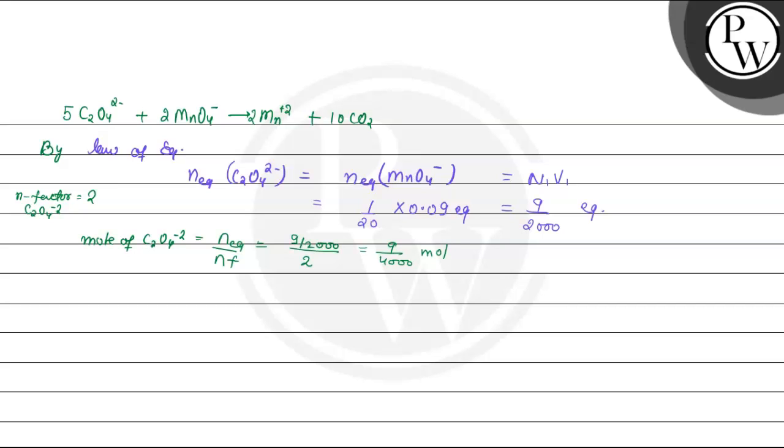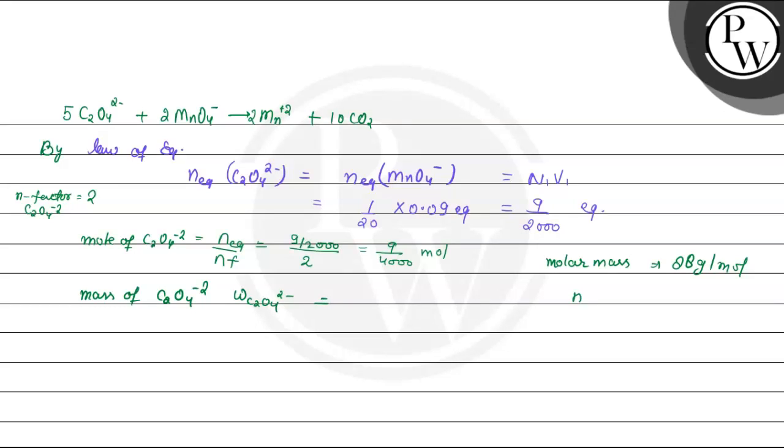Now the molar mass of C2O4 2- is 88 gram per mole. So what is the weight of C2O4 2-?